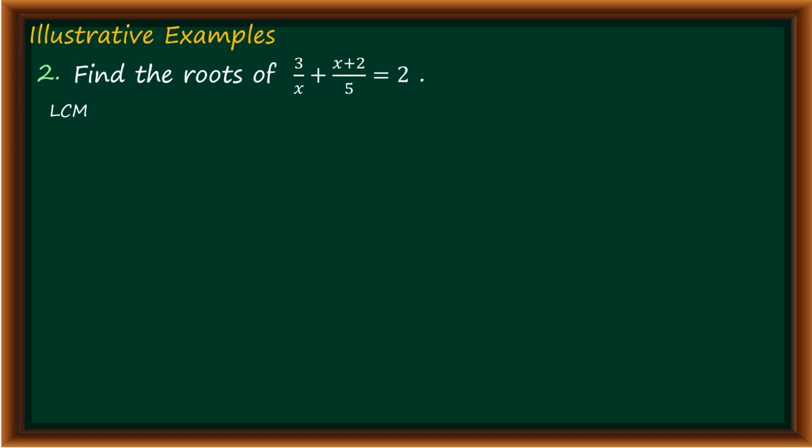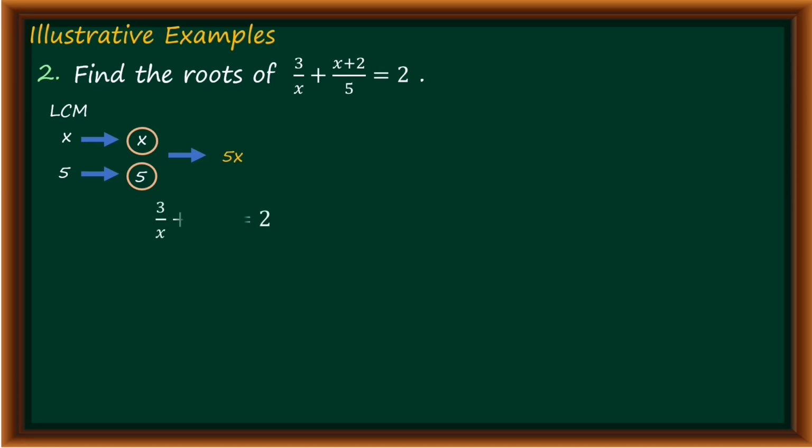To do that, let us identify the prime factor of x, and that is x only, and then the prime factor of 5, which is 5. Then, get the product of x and 5. It will give us 5x as our least common multiple.